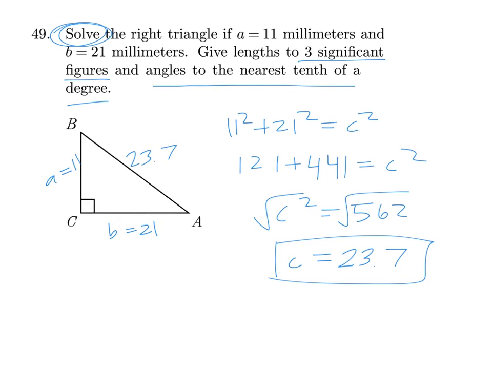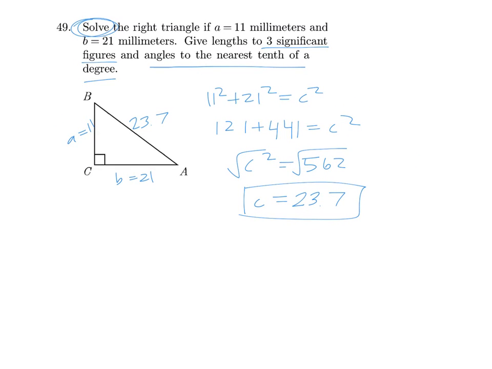Now how are we going to figure out the missing angles? Well, this is relative to angle A here. This is opposite, this is adjacent, this is hypotenuse. You choose which trig ratio you want to use. I'll use sine. So sine of A is equal to opposite, which is 11, over hypotenuse, which is 23.7. To get A by itself, I have to get rid of the sine.